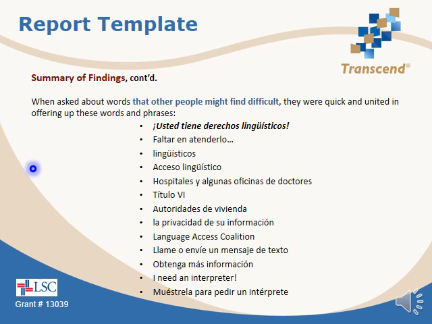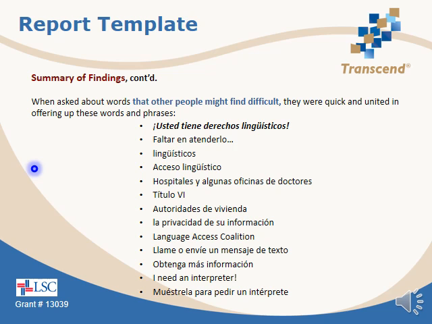We've talked before about having people take out a yellow highlighter and highlighting words that some people, maybe not them, but some people might find difficult. So we really got a wonderful list of words from the group. And as you can see here, we collected a nice list of them.